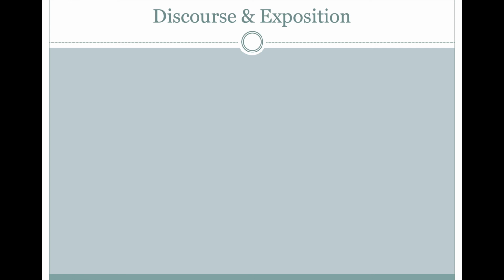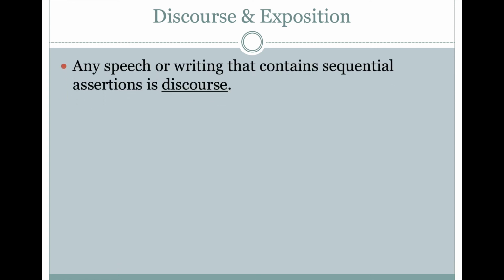So when we think about assertions as the parts of an argument, that doesn't cover every possible sentence or statement in public discourse. So let's think a little bit more about those other aspects of public discourse. Any speech or writing that contains sequential assertions is discourse. There are lots of different ways to define what discourse is, but from an argumentative point of view, it's very simple.